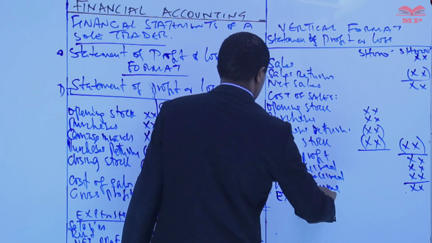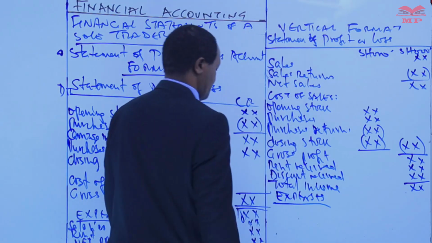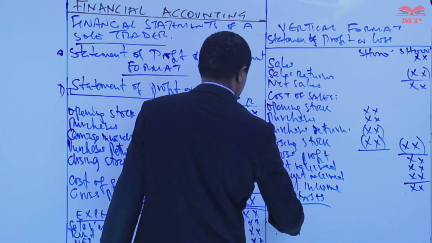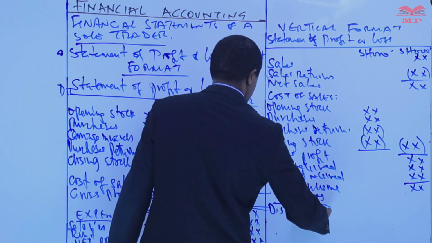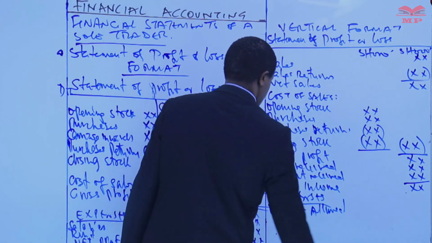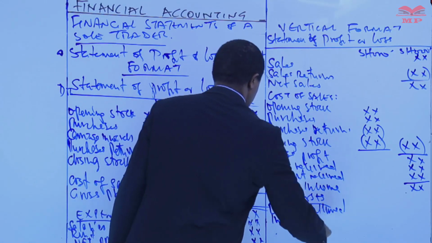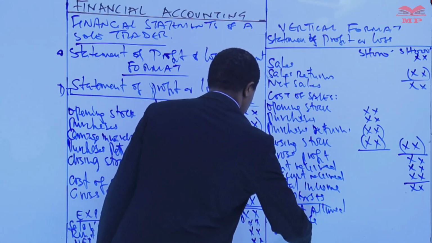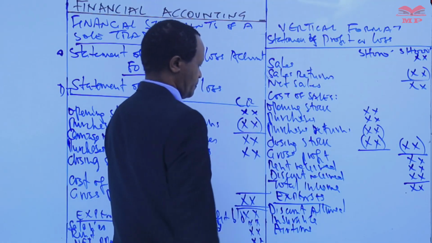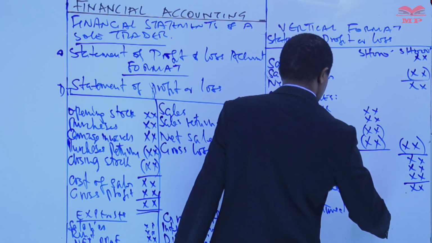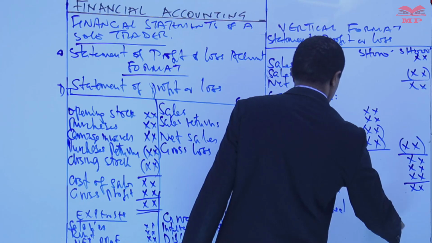Business expenses like discount allowed, insurance, airtime, and so on. So all the expenses are listed in this first column.